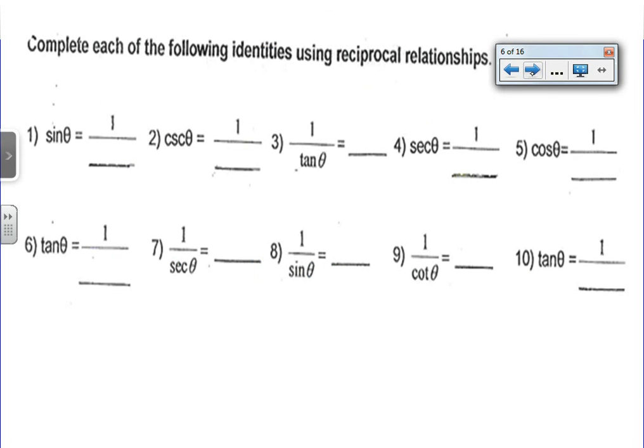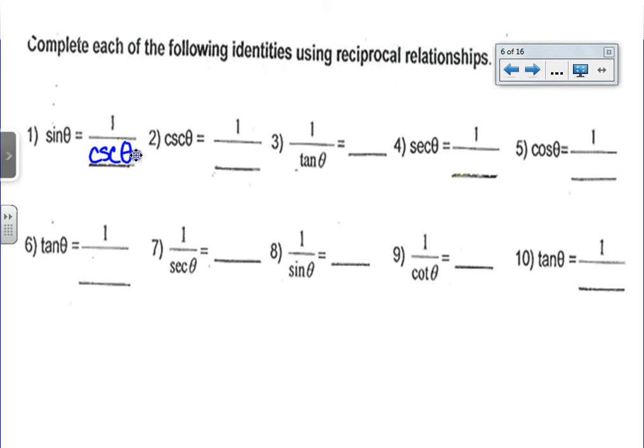Now this is the worksheet 1.4. This is technically a homework assignment for you, but I'm going to go through a few of them with you. So when I look at sine, the reciprocal of sine would be cosecant, so I could write that as 1 over cosecant, because reciprocal means to flip around the fraction.